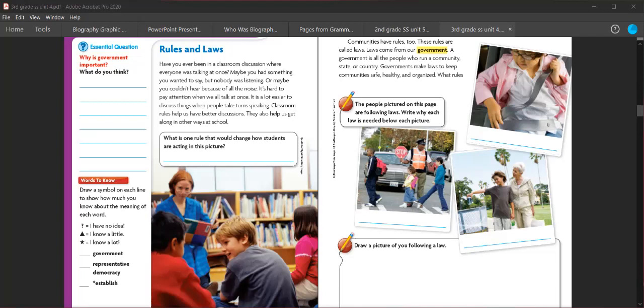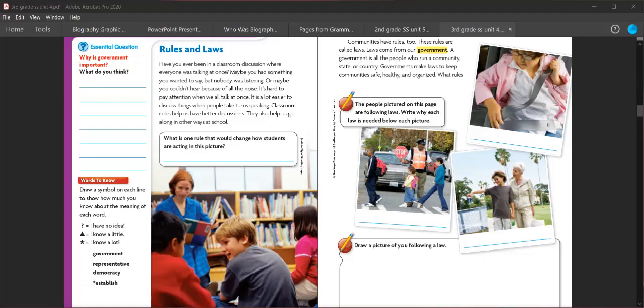Or maybe you couldn't hear because of all the noise. It's hard to pay attention when we all talk at once. It is a lot easier to discuss things when people take turns speaking. Classroom rules help us have better discussions. They also help us get along in other ways at school. Quick check. Why are classroom rules important?